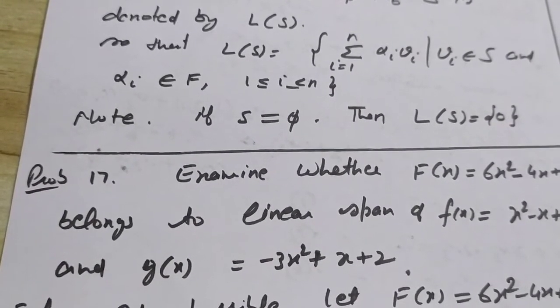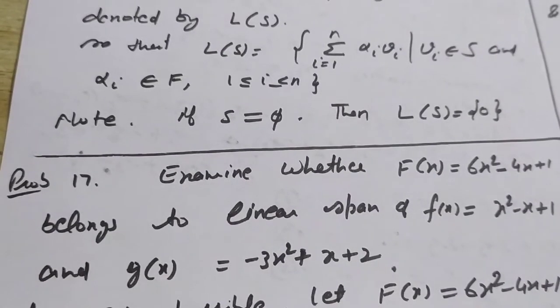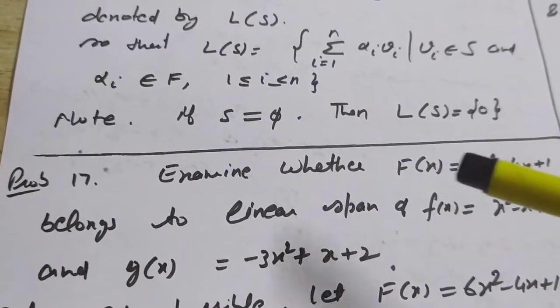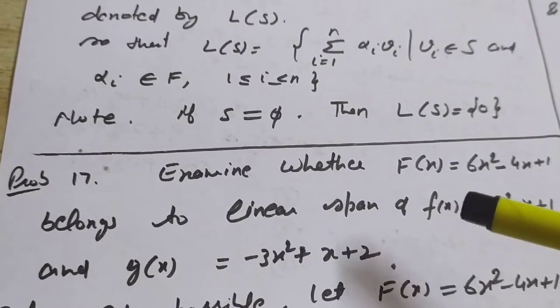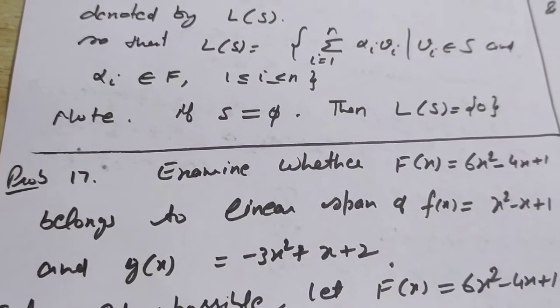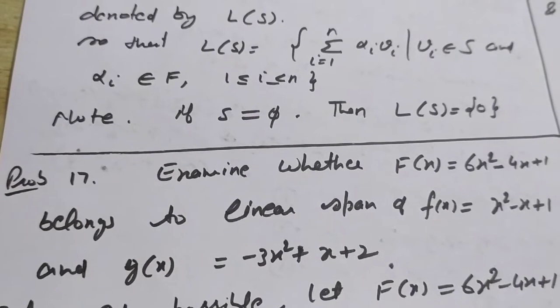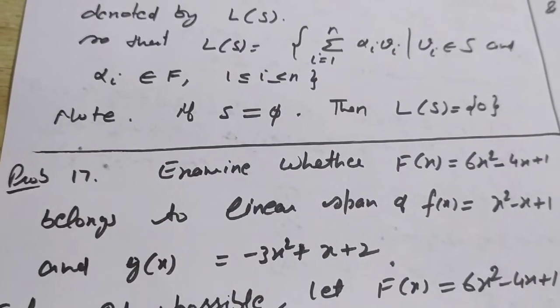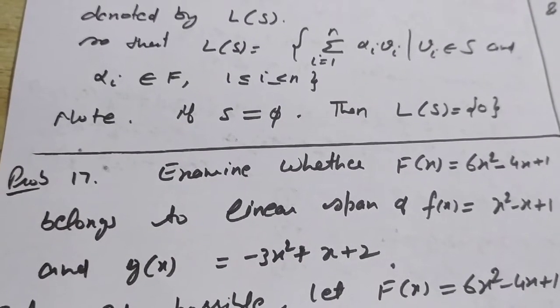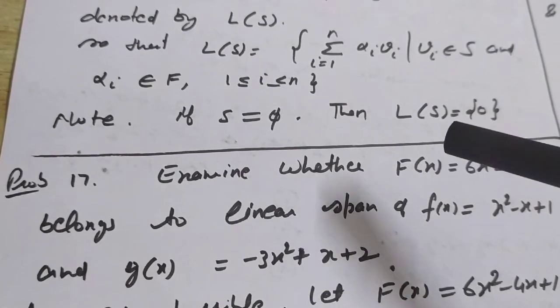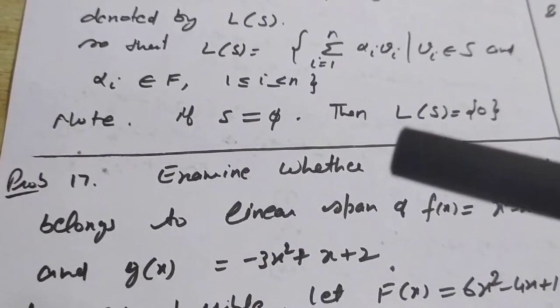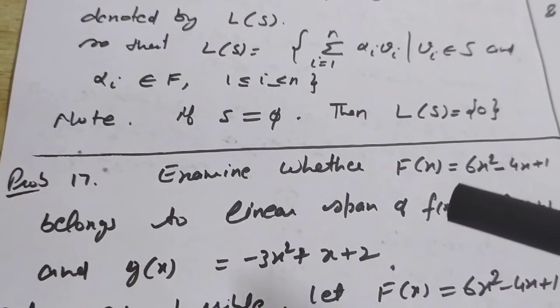So here you are looking at three polynomials: one is capital F(x), and the other two are small f(x) and g(x). In this example I am going to examine whether capital F(x) can be placed in the linear span of small f(x) and g(x).